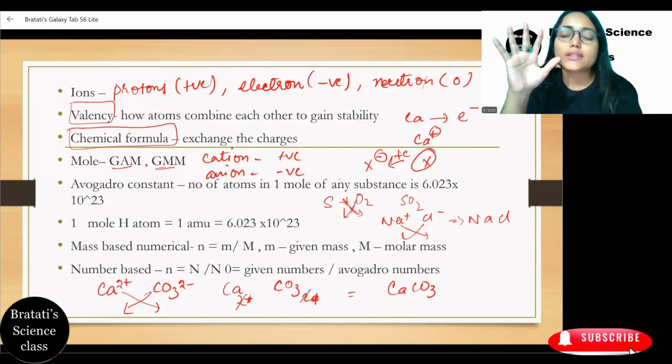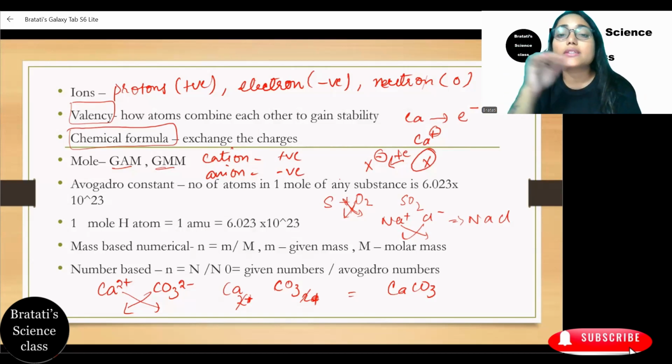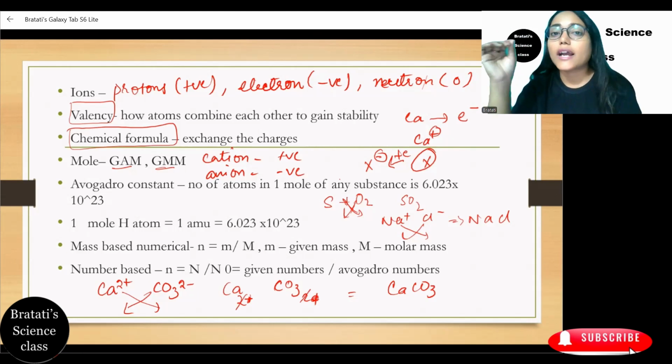Now, in a few elements, for example hydrogen, can be present with the same proton number but a different neutron number, like H-1, H-2, H-3: protium, deuterium, tritium, etc. So these are called isotopes.